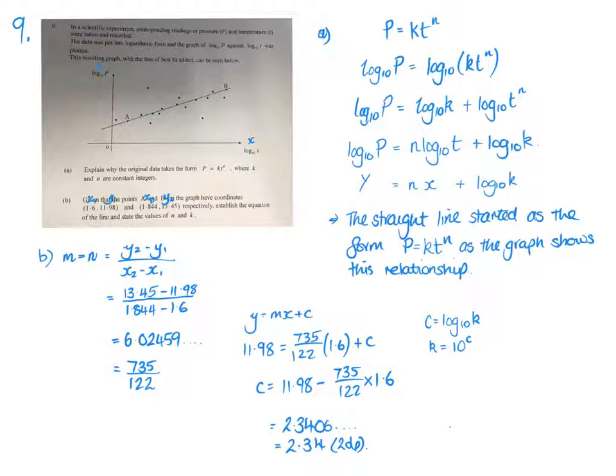So we get 10 to the power of 2.34, which is 218.77616. So that's 218.78 to 2 decimal places. That's what k is equal to, which we've been asked for, and that's what n is equal to, so there we go.